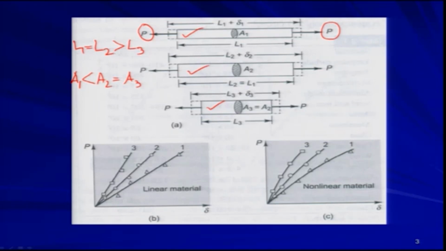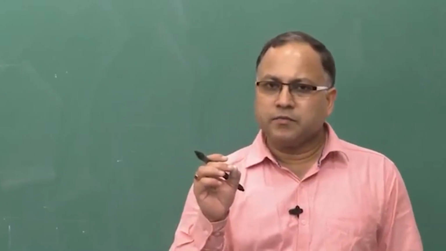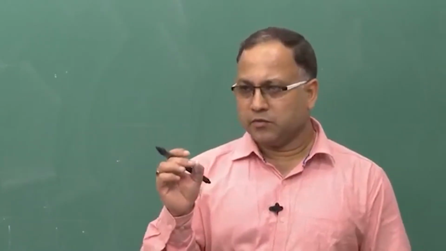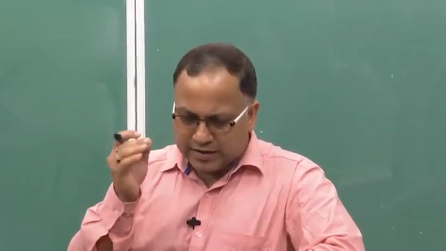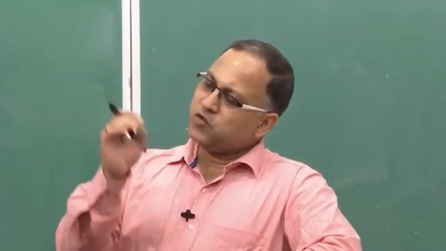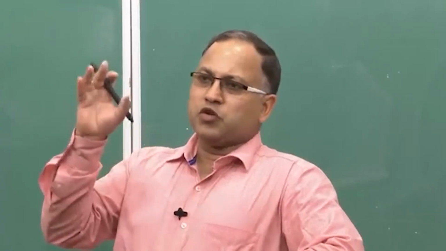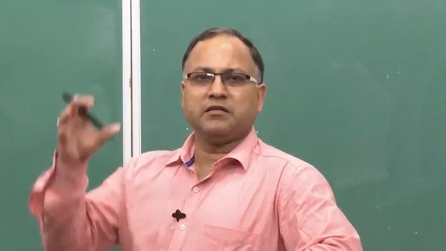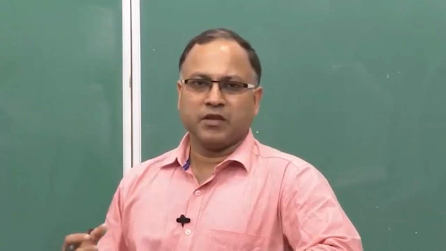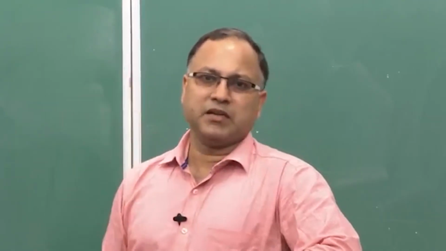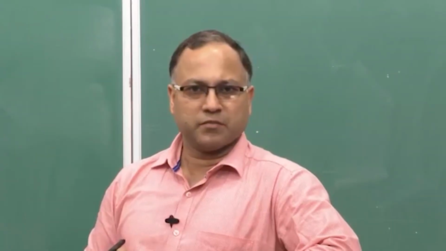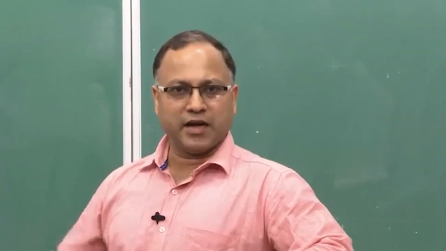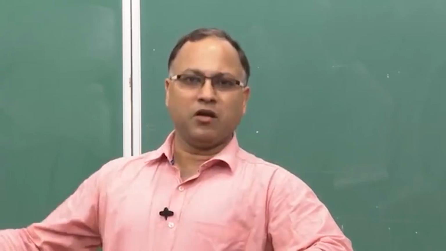Now, suppose you are gradually applying P, that means you are not applying the total P at any instance. Suppose P is divided into 10 parts, so you are getting delta P. You apply delta P and observe the deformation, that means the elongation, as the uniaxial member will be elongated.